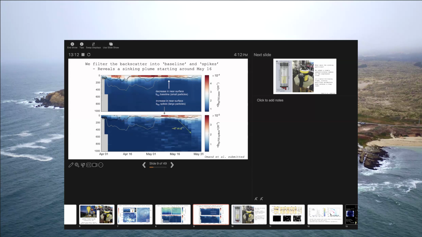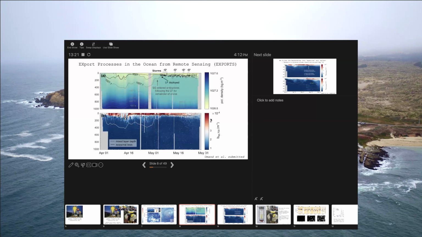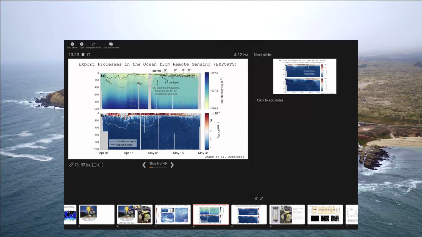Here, I think there are also hypotheses coming out of the export literature from this campaign about a series of storms that occurred during this time. It was actually very rough conditions that we encountered, and people are developing ideas about how the turbulence in the upper water column can, in some cases, enhance aggregation.